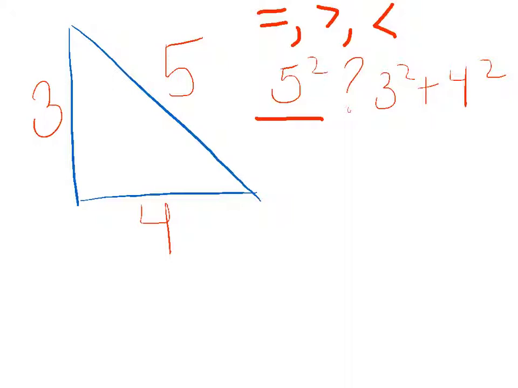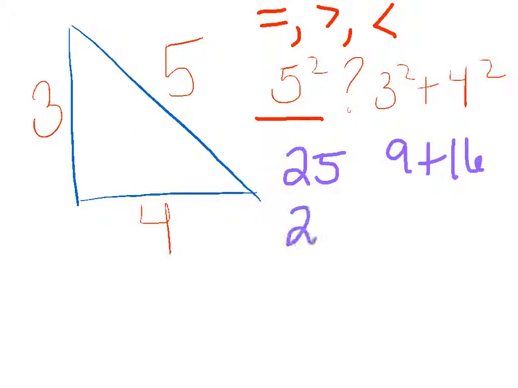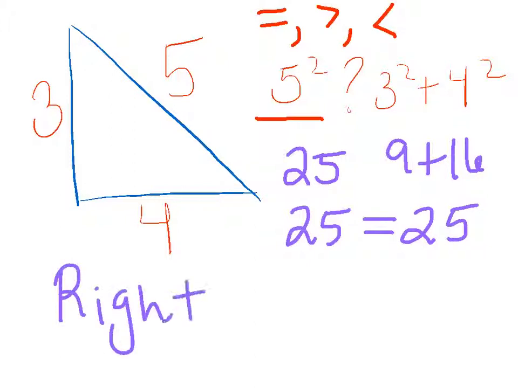So we have that 25 is 5 squared, and 9 plus 16 is the squares of 3 and 4, and so we have 25 in relationship to 25. What's true about that? How do you make this statement true? Put an equal sign. 25 is equal to 25, and so this is a right triangle.